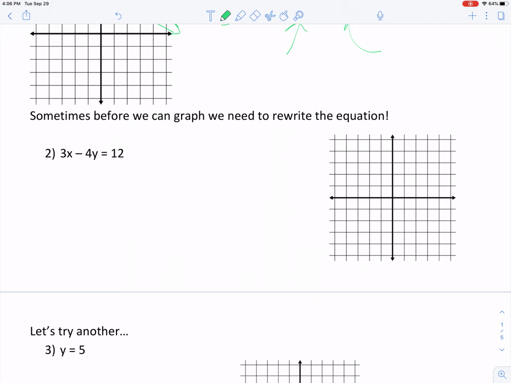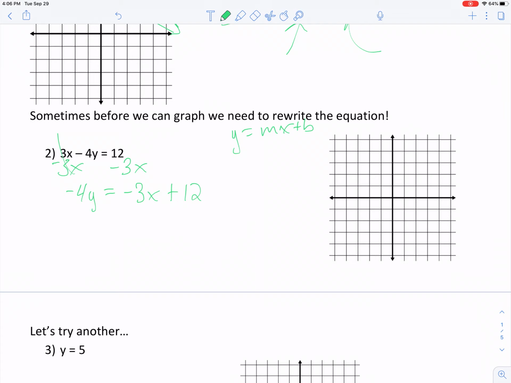Okay? Now sometimes we might have to rewrite it so that it is in y equals mx plus b form. So when I look at example 2, I see that it is clearly not in y equals mx plus b form. I need to move the x so that it's on the other side. And since it is a positive 3x being added to the negative 4y, I'm going to subtract 3x from both sides, which is going to give me a negative 4y equaling negative 3x plus 12. Okay, negative 3x and 12 are not like terms, so you can't combine them. Also, I put the negative 3x first because I know I'm aiming for y equals mx plus b, and the x is first. If you'd put 12 minus 3x, you're not wrong.